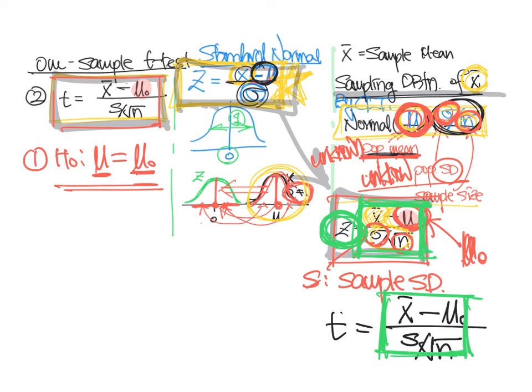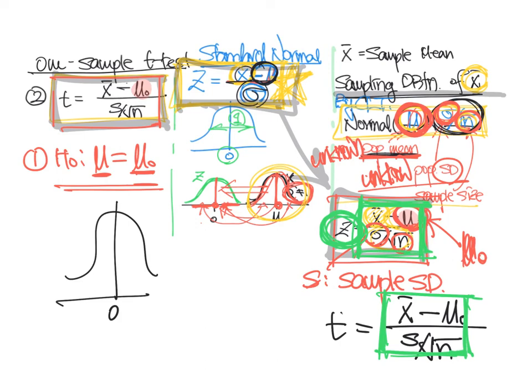You know, the Z standard normal distribution and the T distribution look the same. Both are bell-shaped with mean equal to 0. But the T distribution doesn't use the standard deviation.